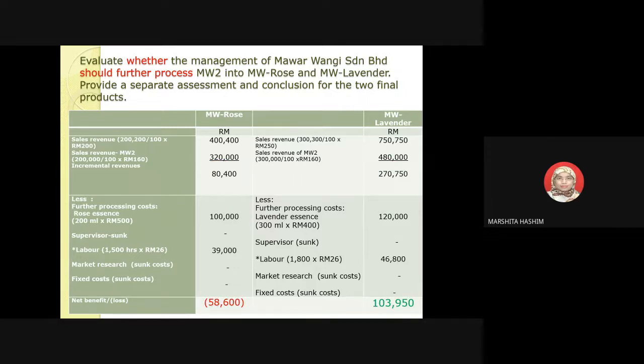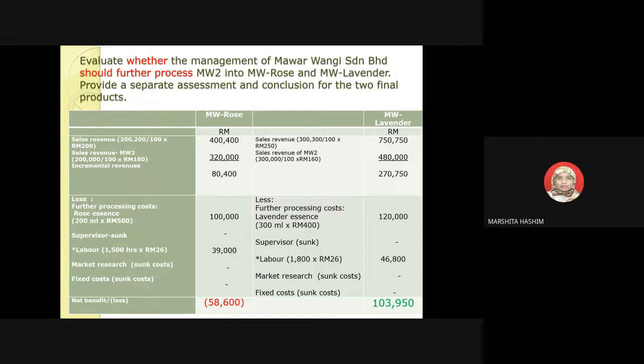Alright, so MW Rose, net loss of 58,600. MW Lavender, 103,950. That means it is worth proceeding with MW Lavender because it can generate more profit. But MW Rose, we should not proceed.